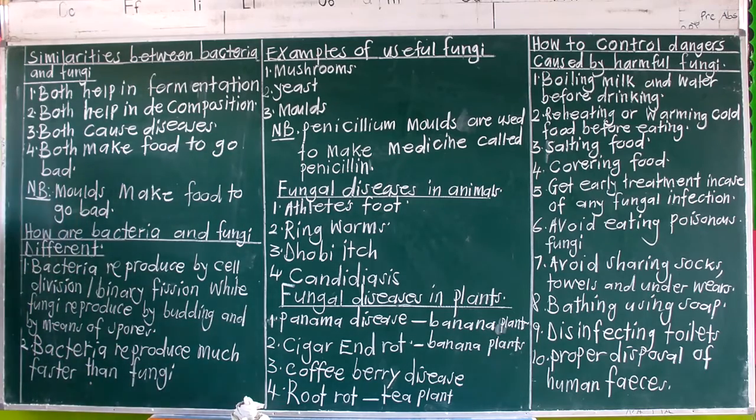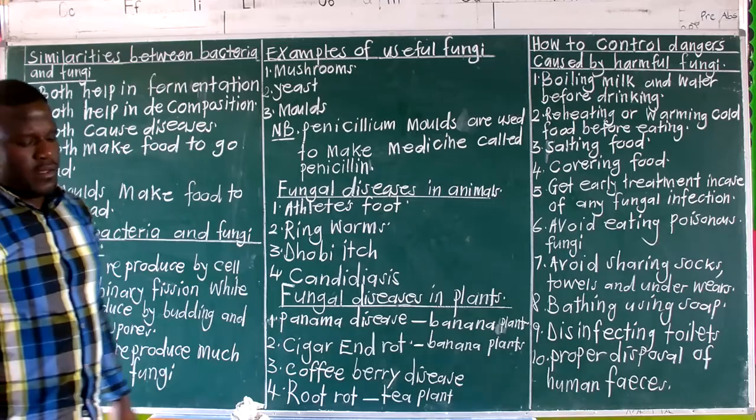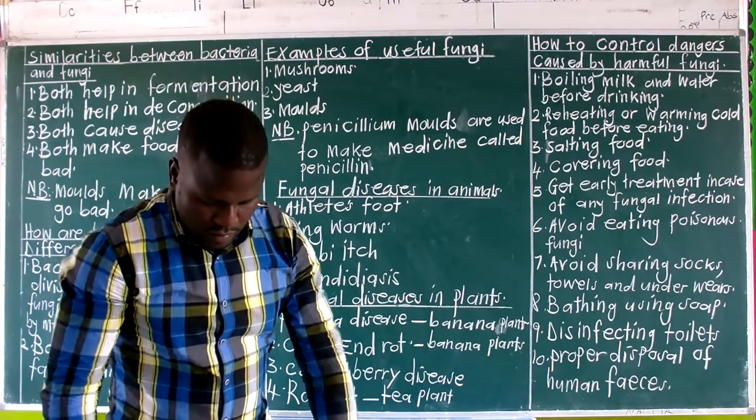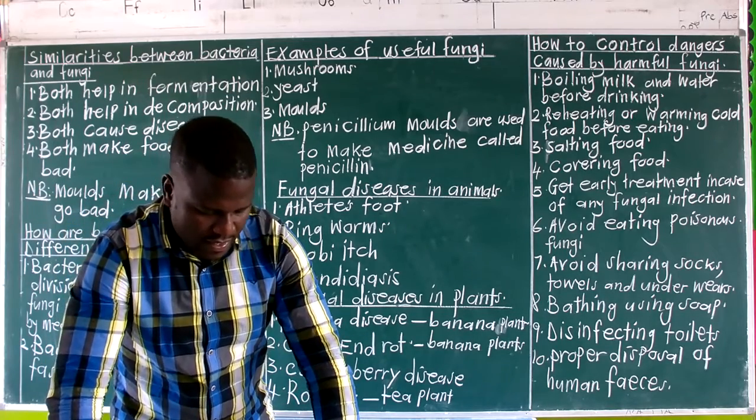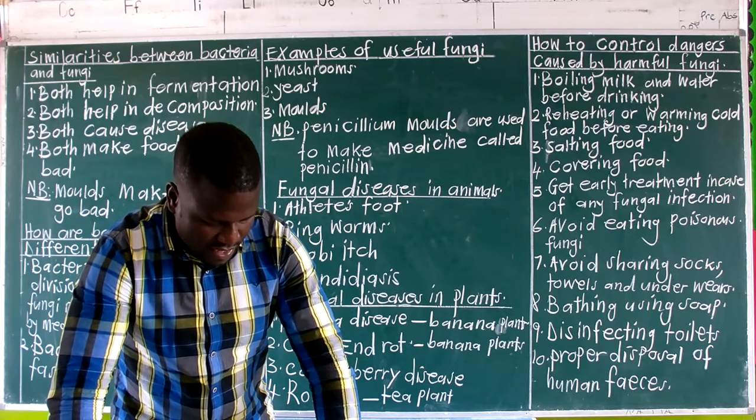Bacteria reproduce much faster than fungi. So, that is how bacteria and fungi are different.